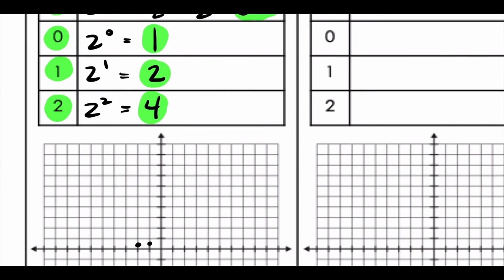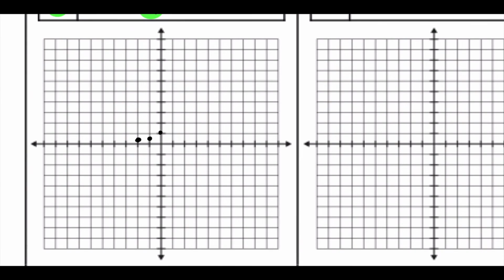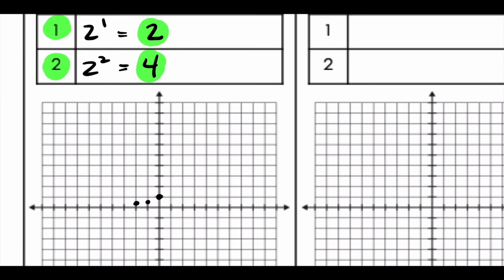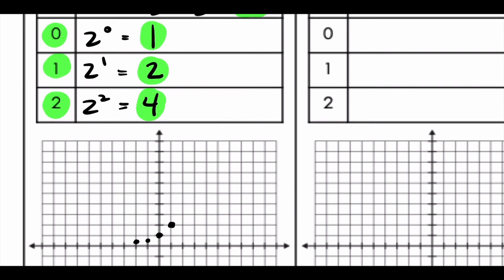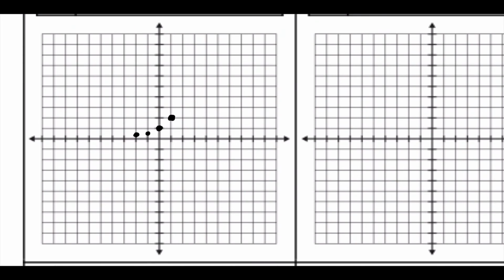Okay. The next one, 0, 1. Up 1. Now I'm at +1. The next one, 1, 2. And the last one is 2, 4. Okay.